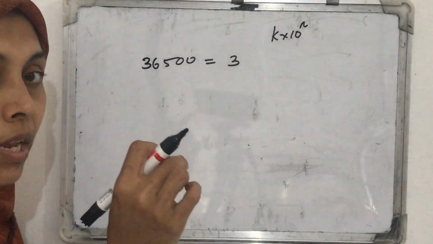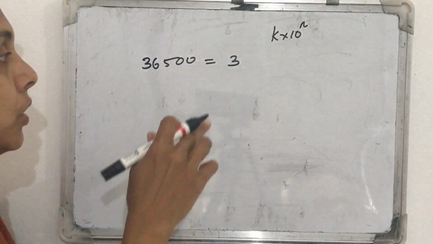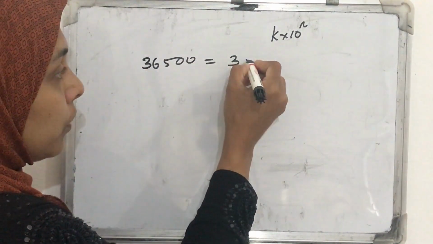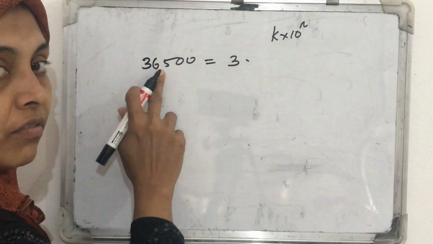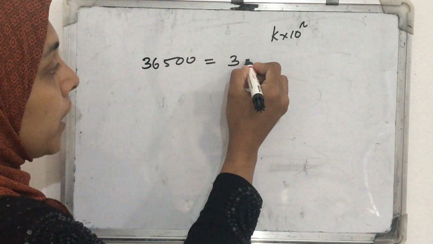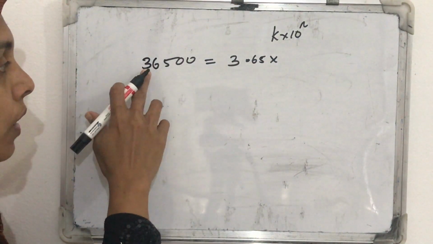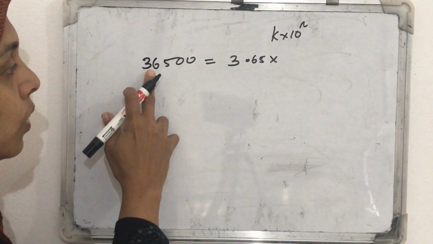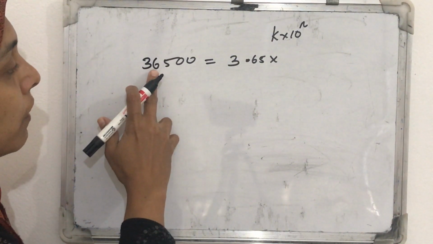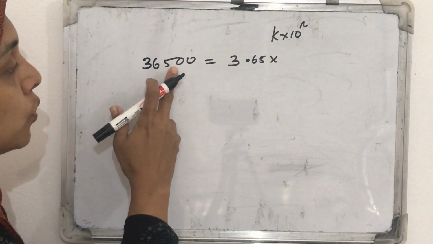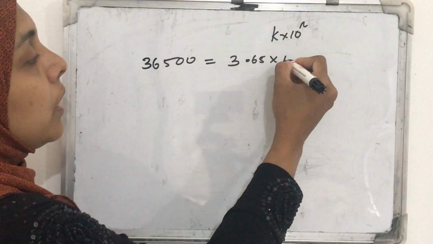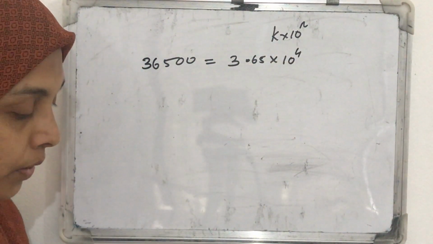This k should be between 1 and 10. So 3, after 3 we have 2 more digits, 3.65 into 10 raised to... here the decimal point is here, so how many places do we take for the power? 1, 2, 3, 4. 10 raised to 4. Okay.